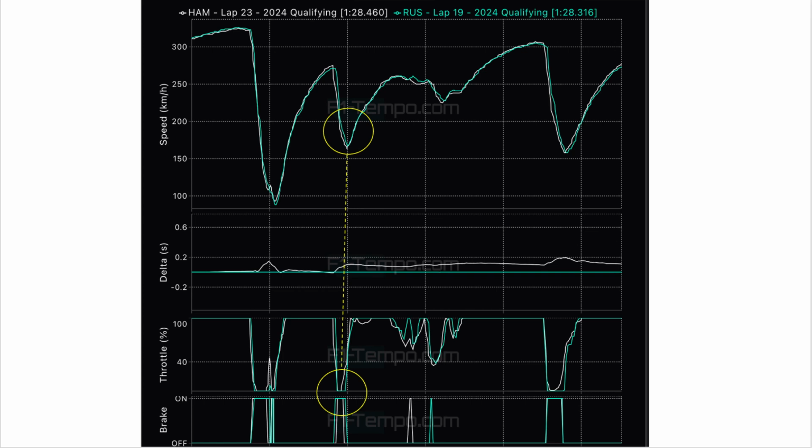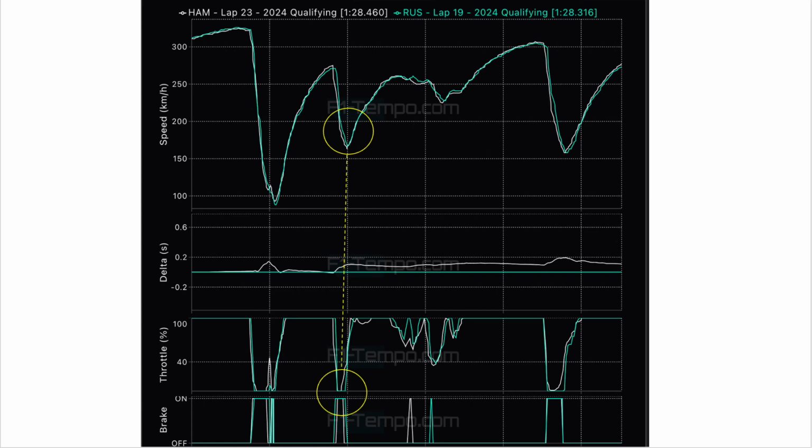And what you can see, subtle, but what you can see here is that Lewis, the white line in this trace, comes off the throttle earlier than George does. So you can see in that bottom yellow circle that in the throttle trace, Lewis comes off full throttle earlier than George does.